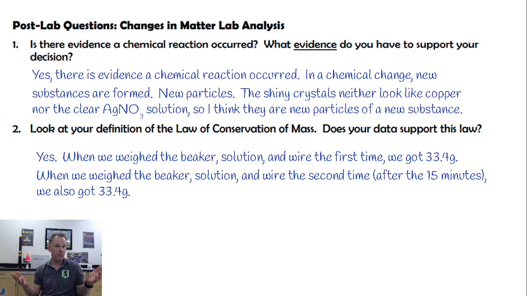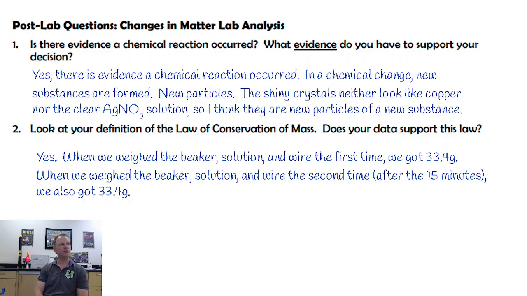How can you know? That's why we weighed it, right? Weighing it will tell you how much mass there is at the end and how much mass there is at the beginning. So your two measurements, your two numbers, should have been exactly the same. That doesn't mean they were, but they should have been exactly the same.